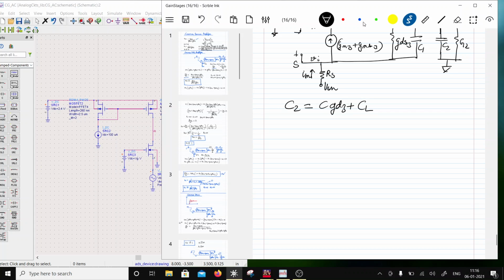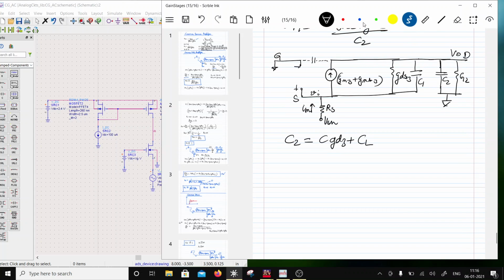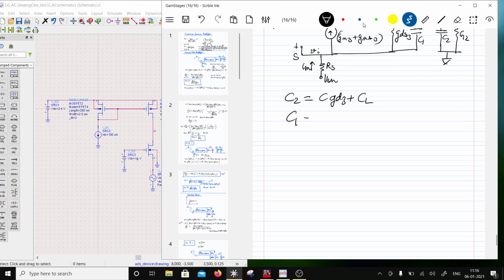Okay, and now because the body terminal is connected to the source, C1 will be equal to CDB2. Let me see if CDB2 will come in here, because CDB is the body terminal for the second transistor, which is this one.